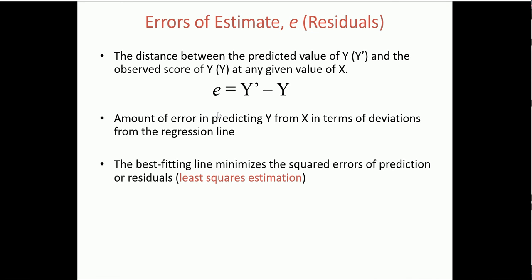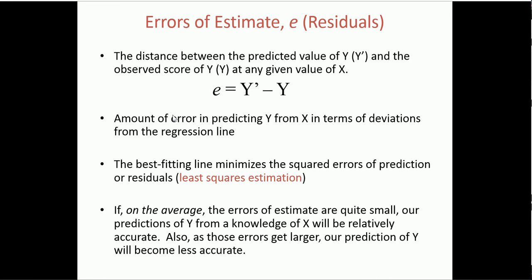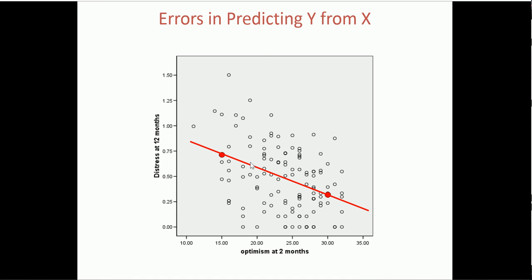So we think about error as basically the amount of error in predicting y from x in terms of deviation from the regression slope or regression line. The best fitting line is the one that minimizes the squared errors of prediction, the residuals. So we're attempting to minimize the squared difference from the line.